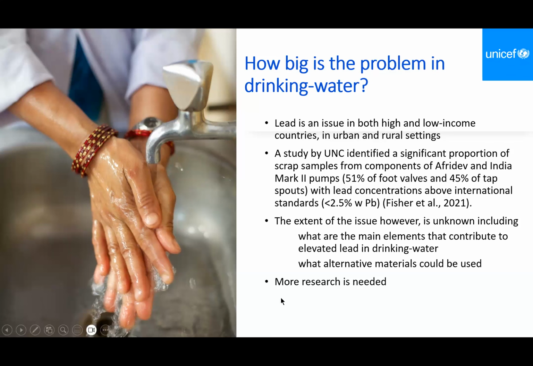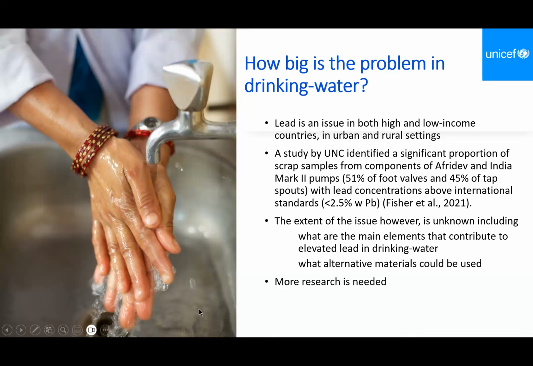Roughly speaking, a little bit less than 10% of water points in those investigated areas were delivering water above the WHO standards for lead. So the extent of this issue seems to be much bigger than previously known.